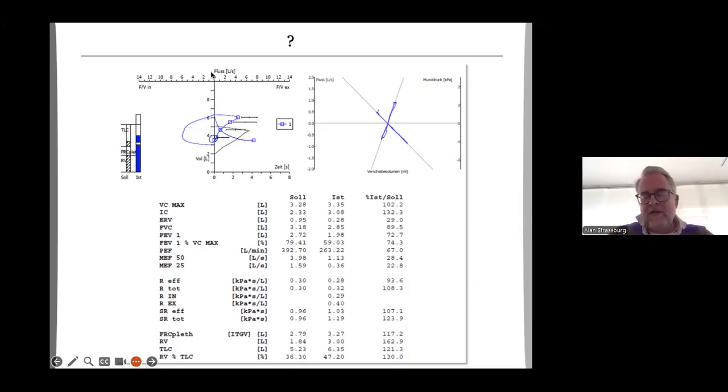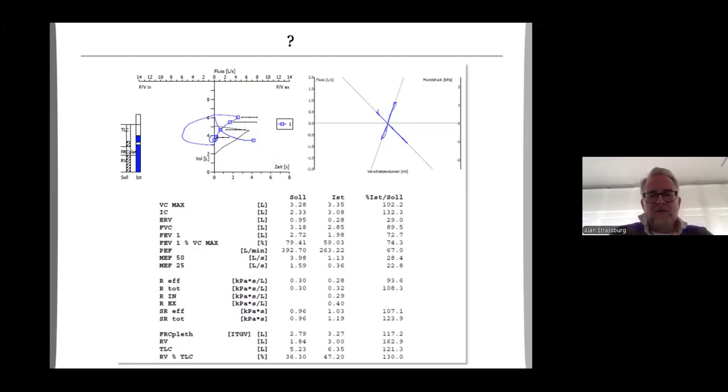Yeah, I think that a CT scan is a good tool to see an emphysema, which could then cause a too high residual volume, an over volume.